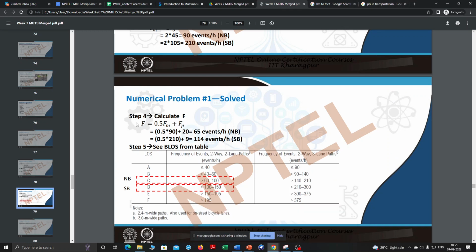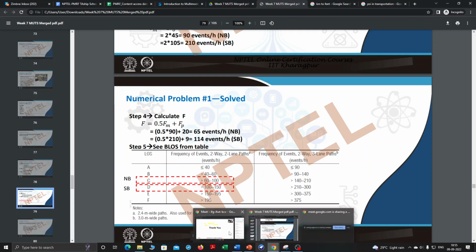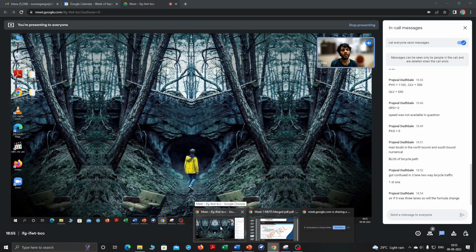Then the next step is to calculate the number of vehicles. If you have 2 lanes versus 3 lanes, the number of vehicles overtaken by you, coming from the same direction and from the different direction, those values will change, increase or decrease.